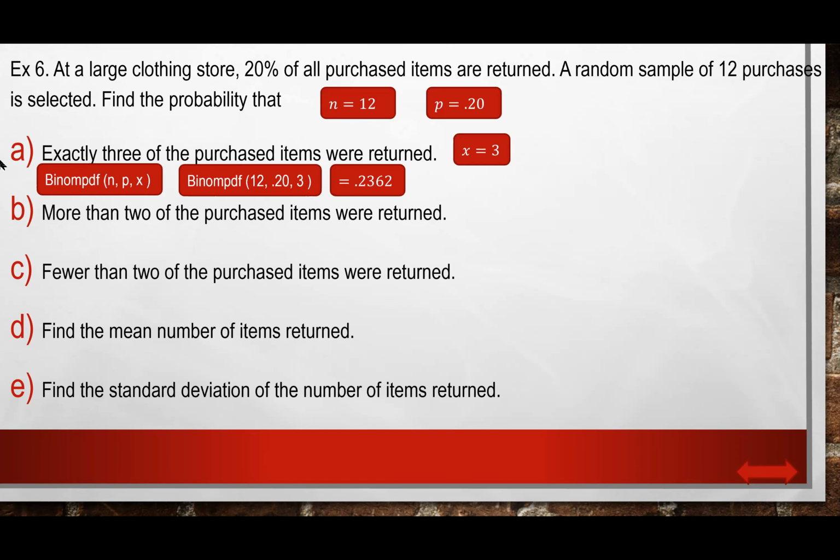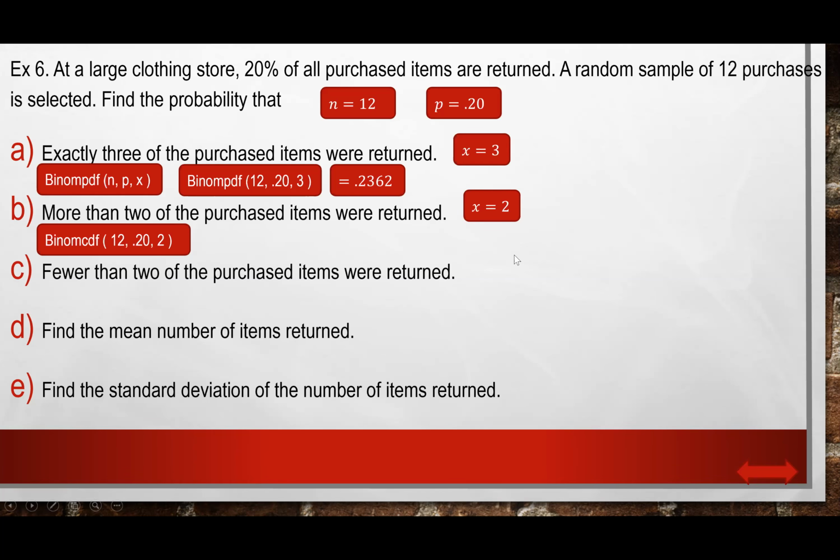So when they ask you the probability of more than 2 purchases will return, what does it mean, more than 2 purchases? Well, my X is at 2, but is 2 more than 2, right? 2 is not more than 2. So this is what we need to do: the binomial CDF, 12, comma 0.2, comma 2, meaning I want to tell my calculator, find me the probability of the 0, the 1, and the 2.